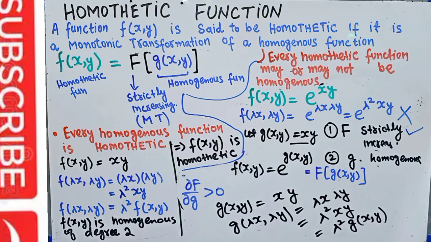So we got both the things: a strictly increasing function, and g of xy is homogeneous. Then we can conclude that this function is a homothetic function.